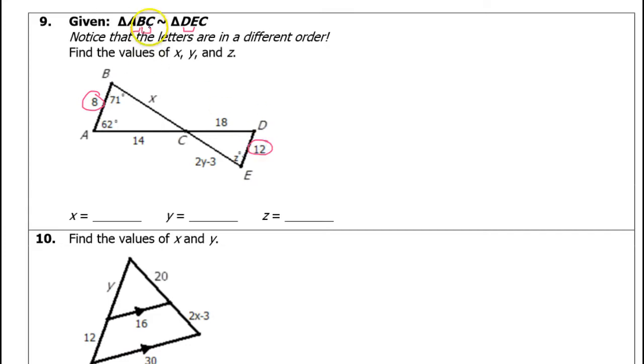Now BC corresponds with EC. Okay, so here's BC, and here is EC. So those are corresponding. Okay, and finally AC corresponds with DC. All right, so AC corresponds with DC.